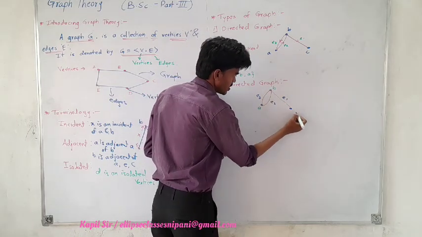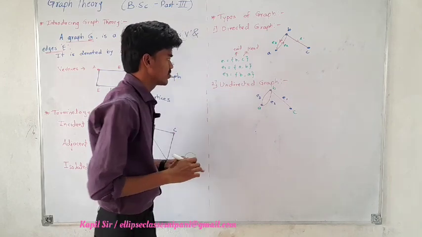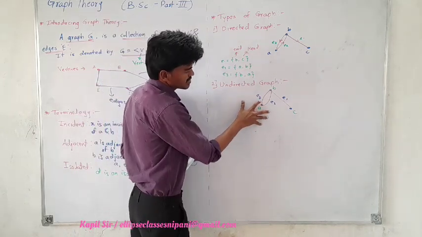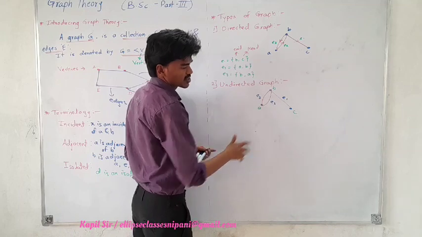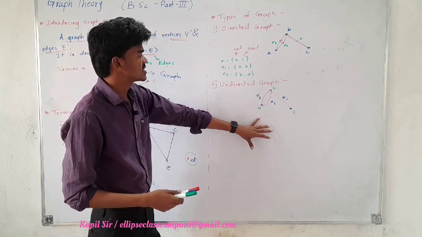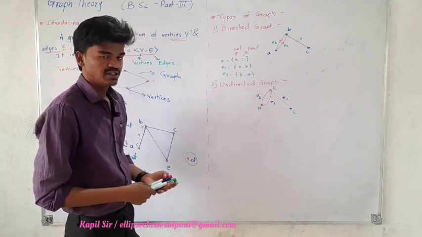This graph doesn't have any direction on its edges, so we call that representation an undirected graph.